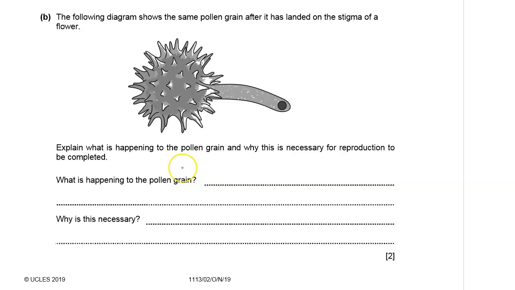What is happening to the pollen grain? Can you see what is happening? You can see the pollen grain has grown a tube here. It is the same pollen grain, so you can say the pollen grain has grown a pollen tube. Why is this necessary?